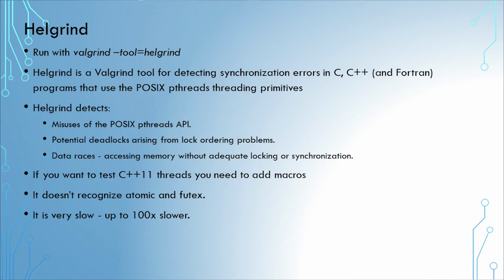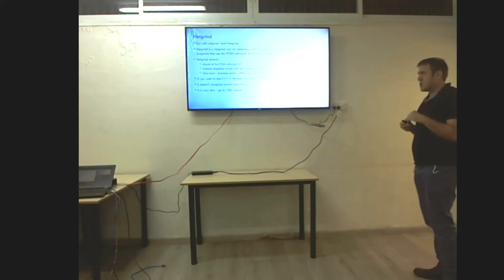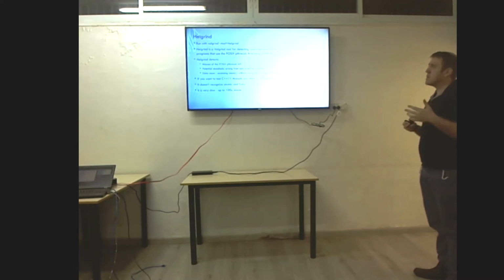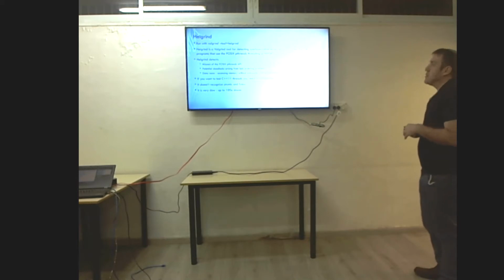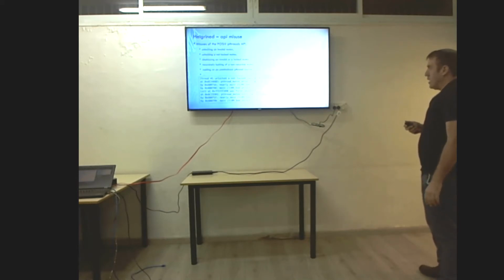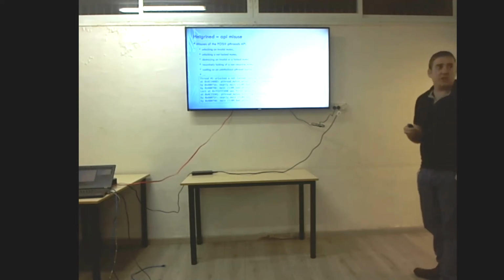If you want to use C++ threads, you need to make an effort. There is another tool that makes the job easier, maybe. It doesn't recognize atomics and futex. Really, it's more for C guys on Linux, I guess. It's very slow, like the entire Valgrind, but it helps. It's very good.